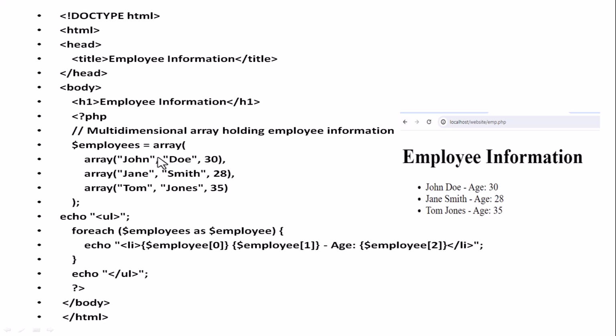Here, if you notice, we have written foreach. Foreach refers to the for loop. For each and every time, you are going to refer to the array. Here you write employees, which is the name of the array we created. So $employee, where employees is the array name which you are going to loop through.